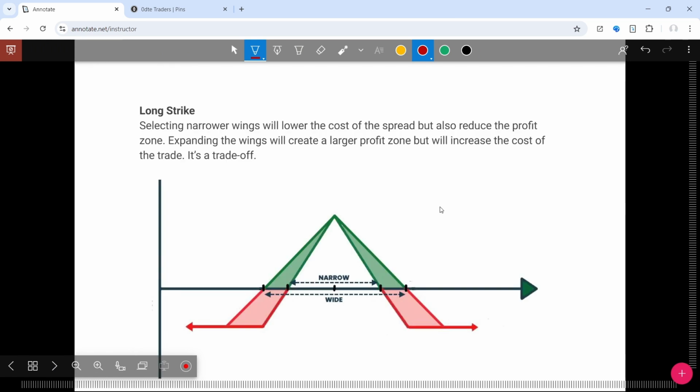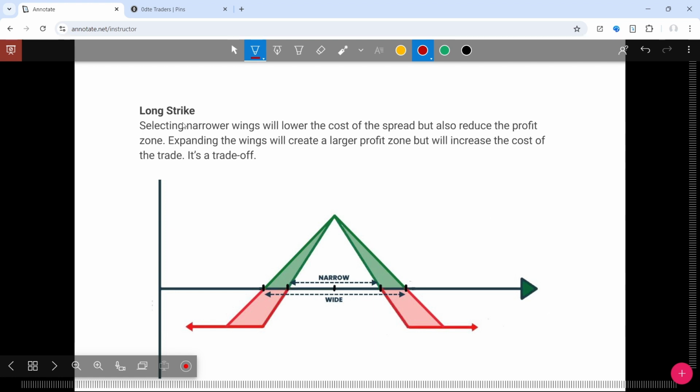Next here, long strike. Now, this really comes down to, I think, personal preference more often than not. How wide do you want that profit zone to be? And remember, that profit zone is just the distance between the wings. So how big is that profit zone? And again, just like anything in trading, there is a trade-off.